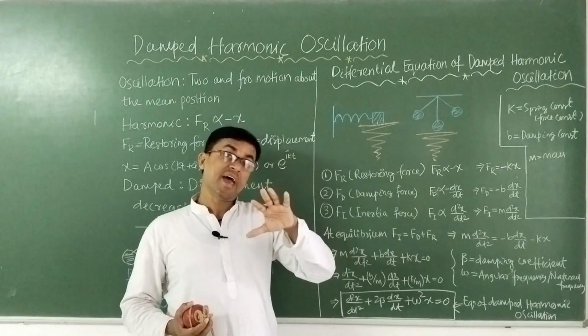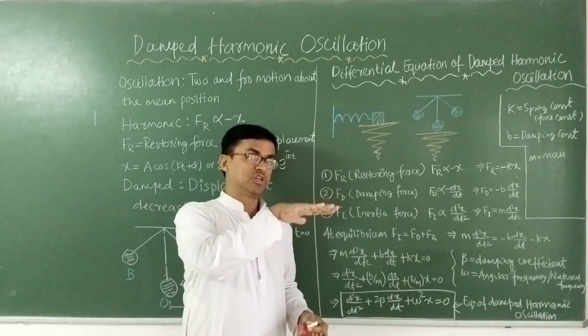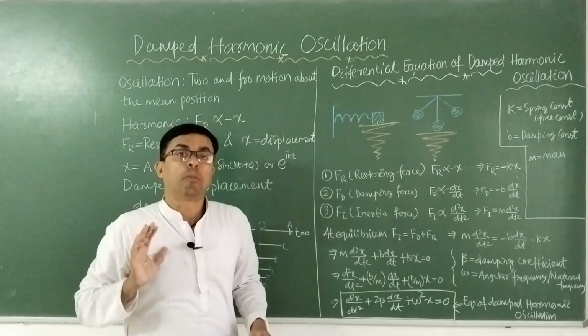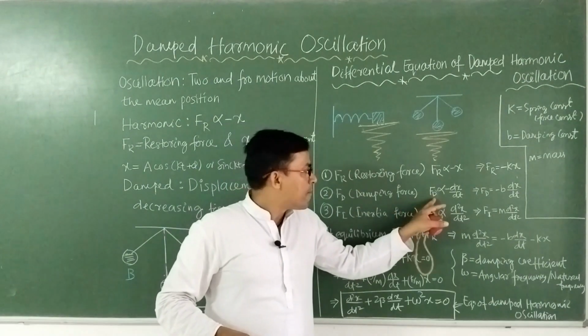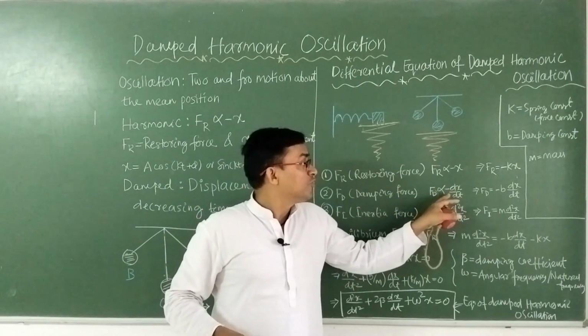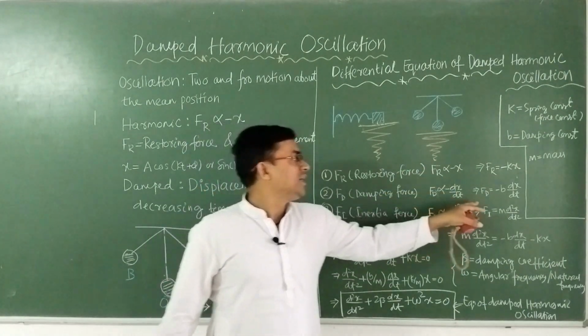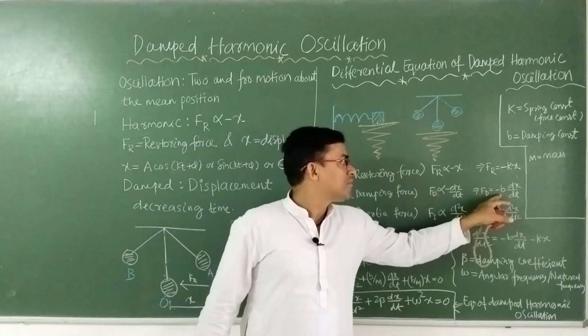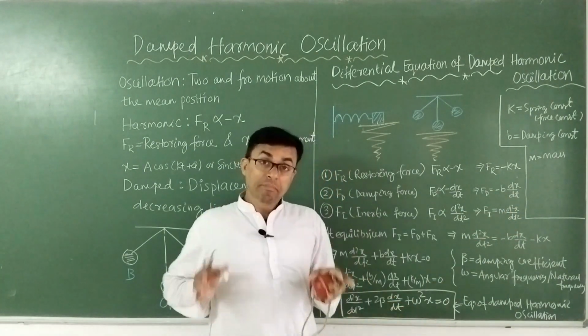And the damping force, the air resistance, always opposes the motion. If you are moving in this direction, then air resistance will always oppose the motion of the body. That means the damping force is proportional to the negative of the velocity, and if we make it an equality, we get Fd equal to minus b dx by dt, and the b is related to the medium.